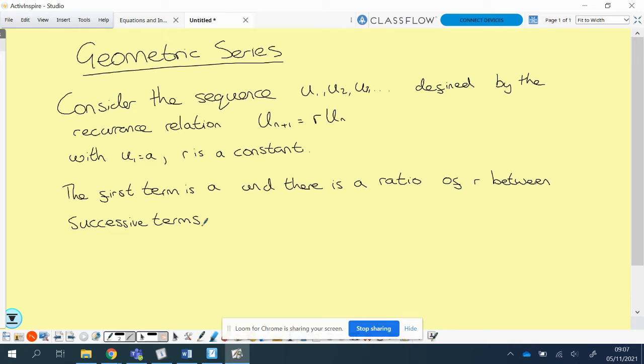We'll start off with a first term A, and then there's a ratio, which means there's a number that we multiply to get the next term, and then the next term after that. Hence why they use the letter R for the ratio.